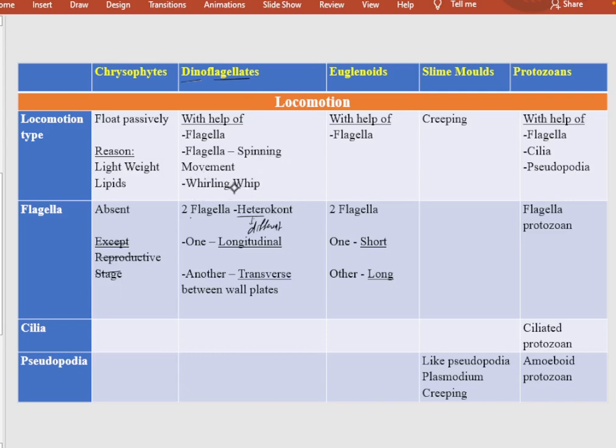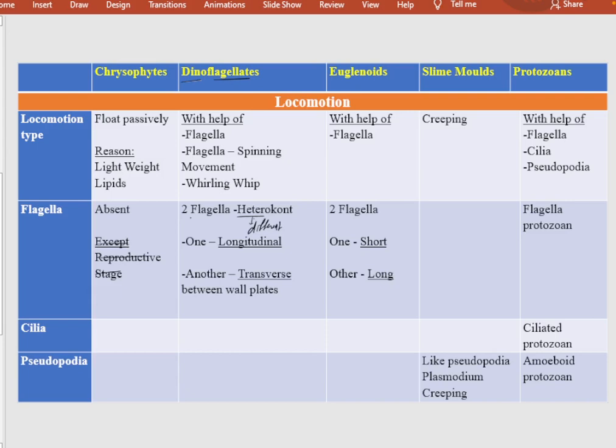A whip is a structure used to beat, thick at one end and becoming very thin towards the other end. So, a whip-like structure: whirling whips.